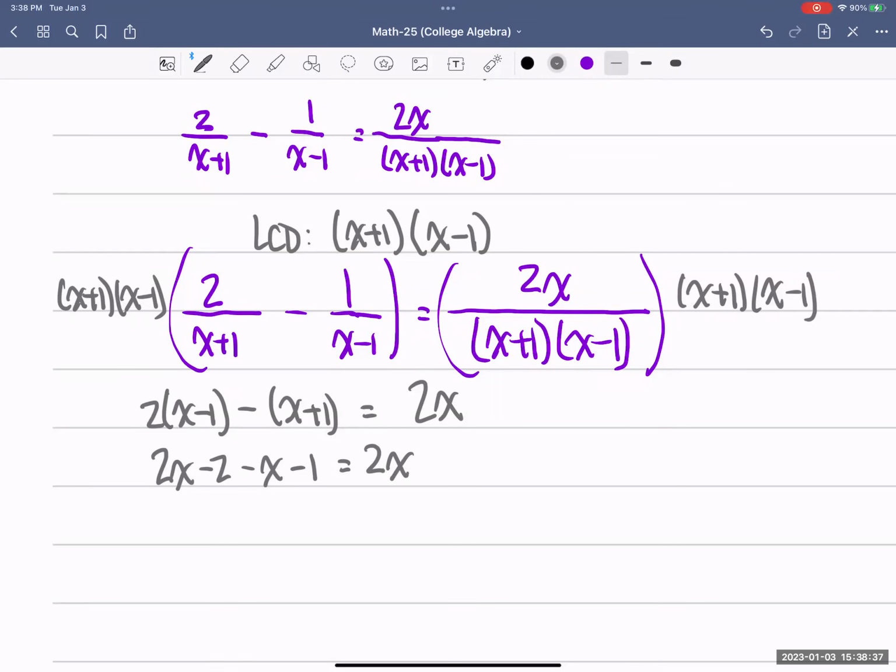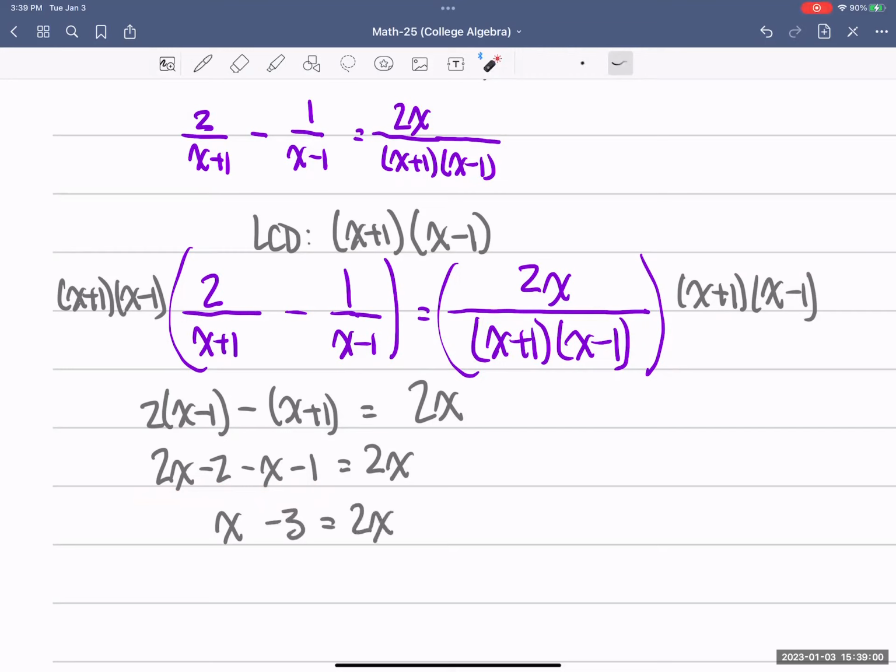Let's combine like terms and see what we end up with. Looking at the x's, 2x minus 1x is going to be just x. And we have -2 minus 1 gives us -3. And that's equal to 2x.